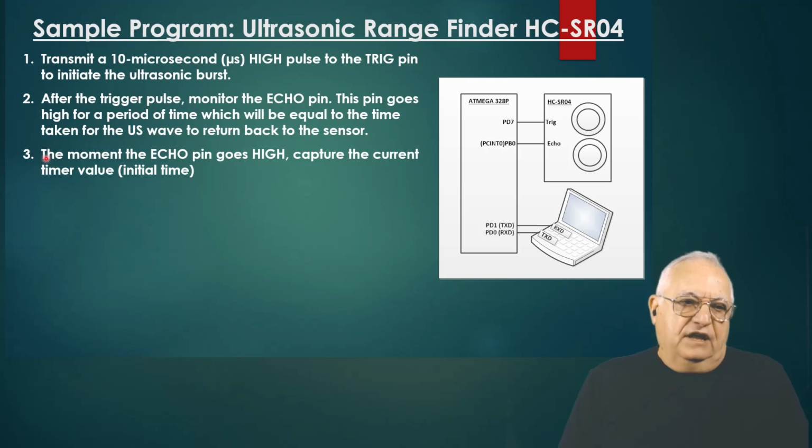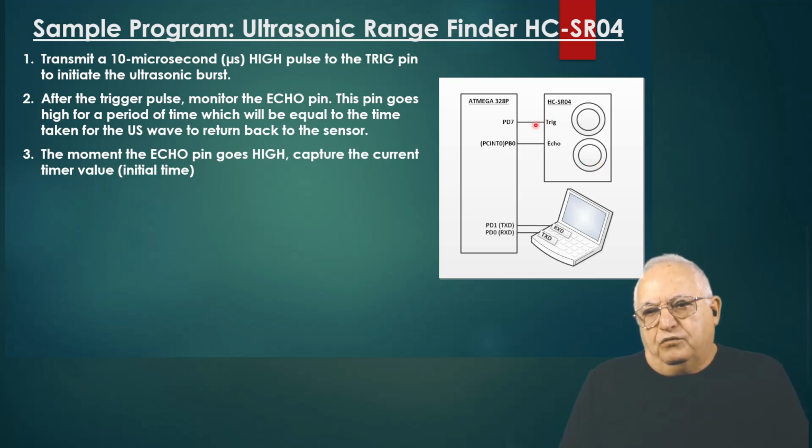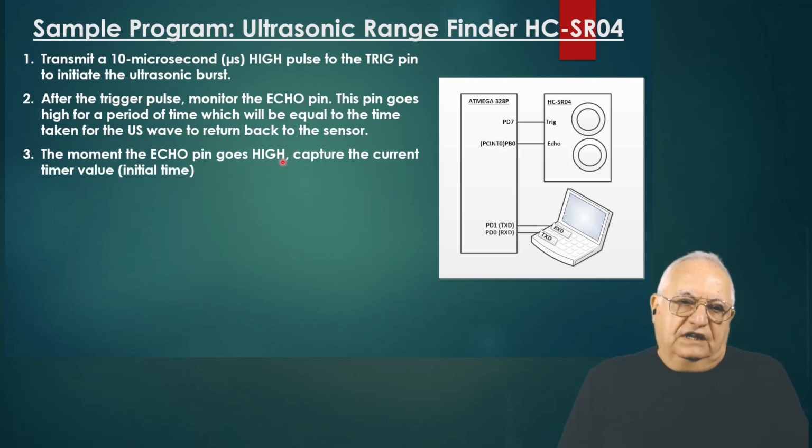The moment the echo pin goes high, capture the current time value. So what we're going to do is we send our trigger, then we wait until the echo goes high. As soon as the echo goes high, we're going to use the input capture capability of the microprocessor to capture the timer value.